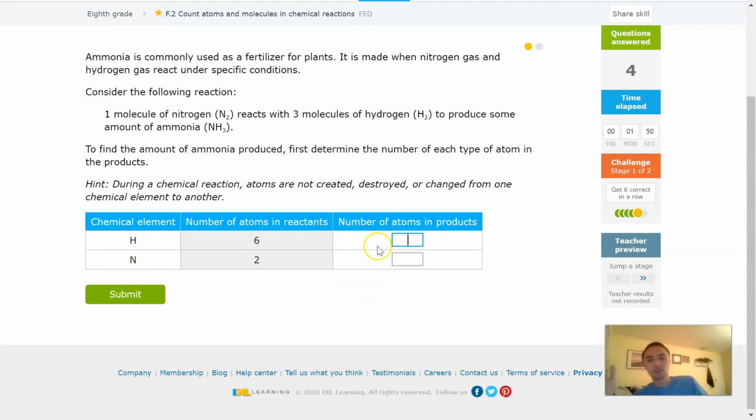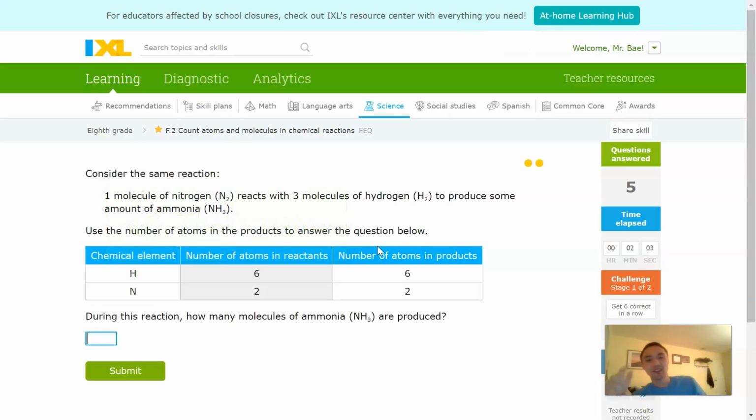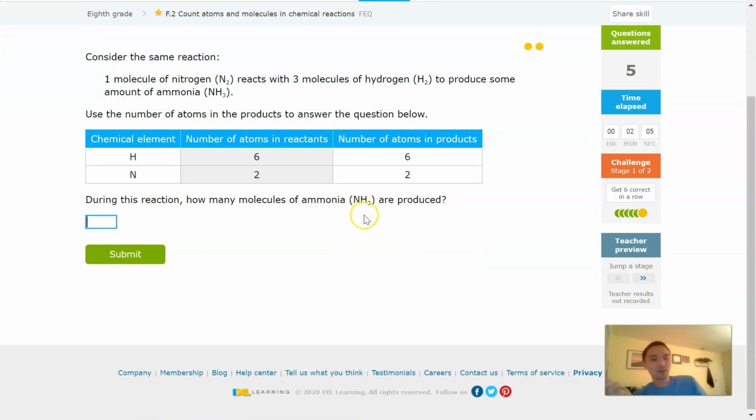Once again, just the law of conservation of matter. The number of atoms you have in the products is equal to the number of atoms you have in the reactants. So 6. Then this one's a little bit different. For the H's, you have 6 atoms of hydrogen.